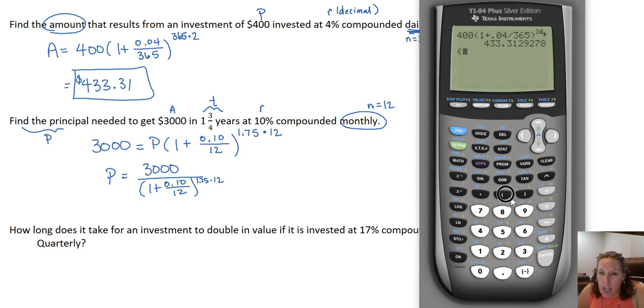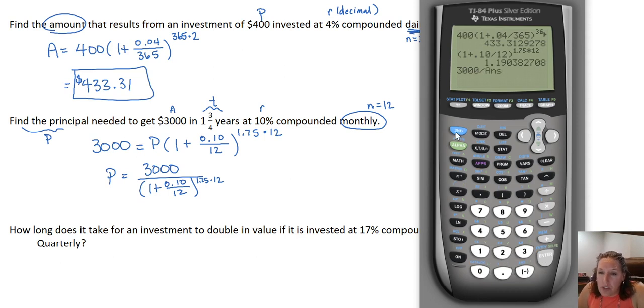So I'm going to first find that exponential part, so 1 plus 0.1 divided by 12 raised to the 1.75 times 12. So that's what's multiplied by the P on the right-hand side. And then I want to do 3,000 divided by that answer.